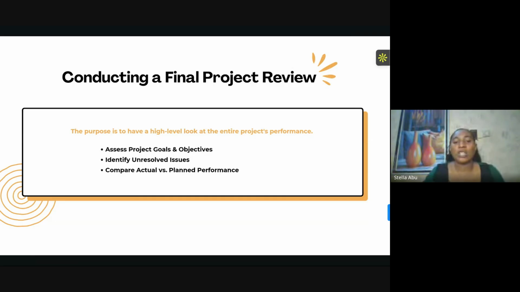Do you understand? For example, remember when we did project goals and objectives, SMART goals? You ask yourself, did I achieve this? You are looking at your project charter, the objectives that you planned within the planning phase. Remember when we did the planning phase? You're asking yourself, did I meet all of these criteria?